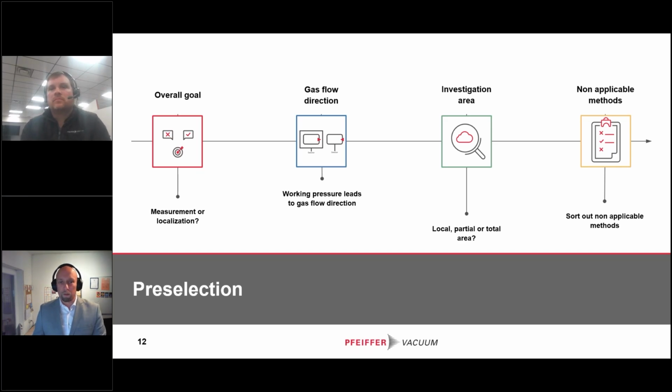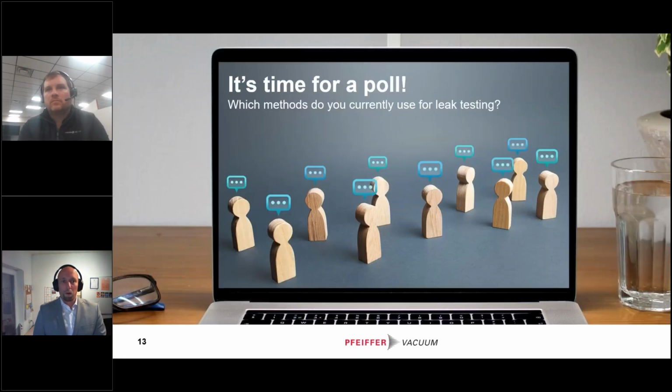Right now, we just want to ask you in the poll, which methods do you currently use for leak testing? Because also in the world of battery leak testing, there are several ones you can use. For example, differential pressure decay or pressure rise, a flow measurement method, a hard vacuum test, a sniffing test, or the direct electrolyte leak detection.